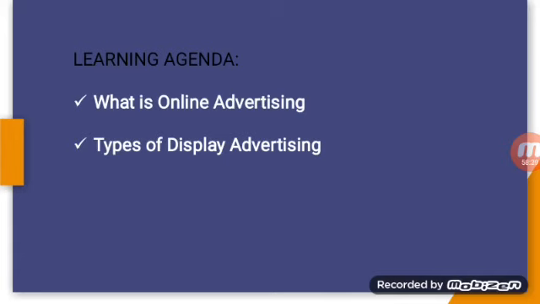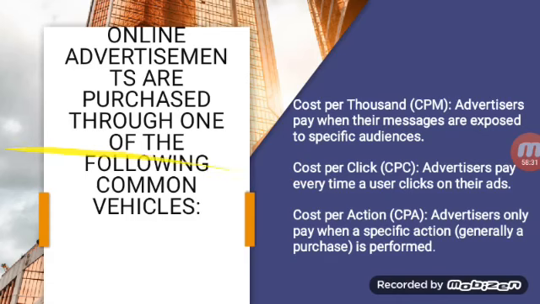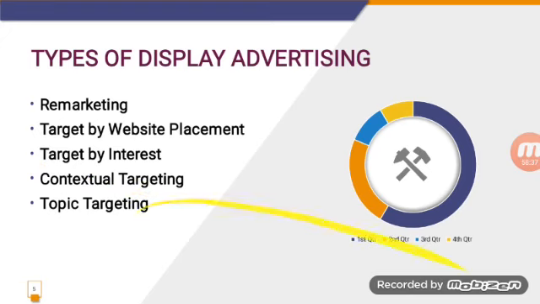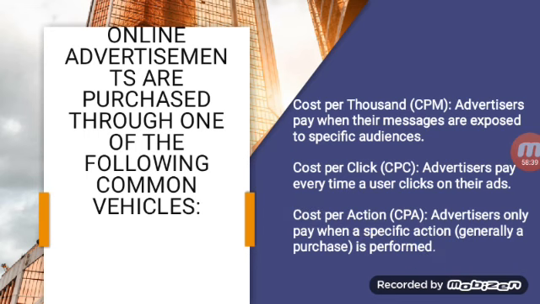We looked at what is online advertising, and then we looked at 3 online advertising models. That would be cost per thousand, cost per click, and cost per action. Cost per thousand, the moment the viewer clicks on the ad, the marketer will pay the blogger.